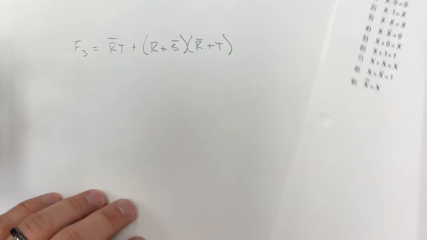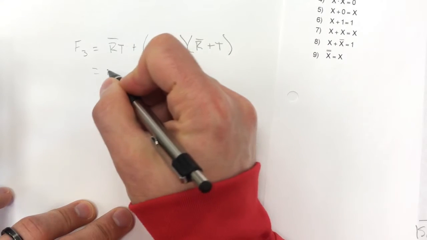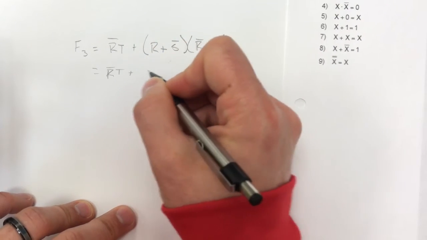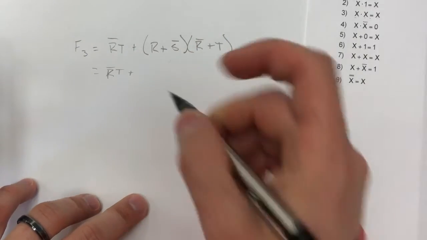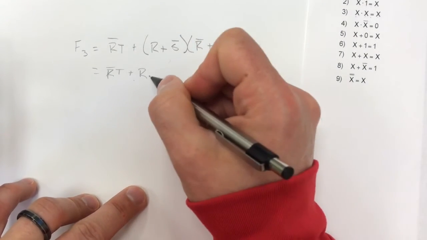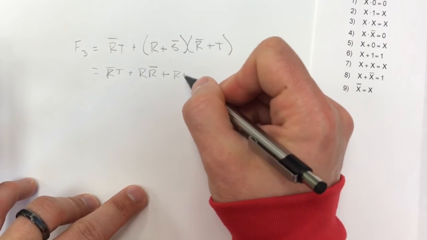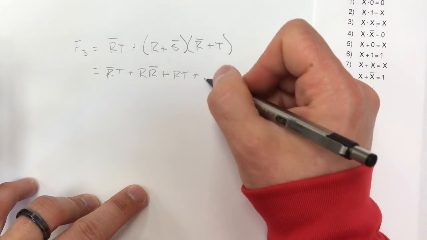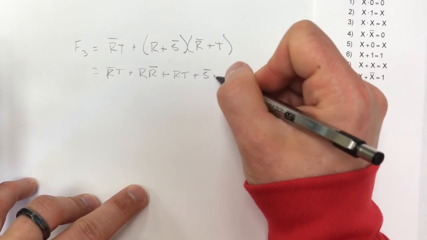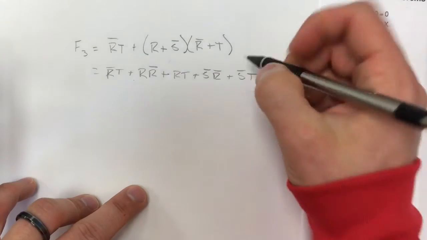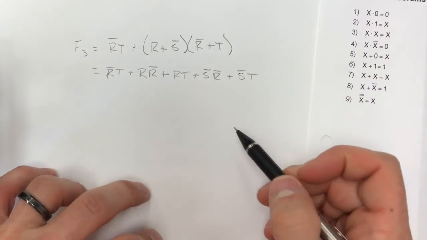You know how to distribute, so let's distribute this out. So we can say R naught T, or R naught and T, or R naught plus RT plus S naught R naught plus S naught T.